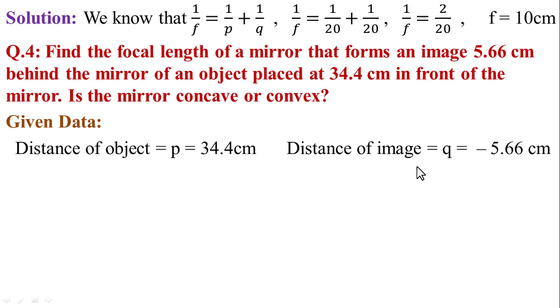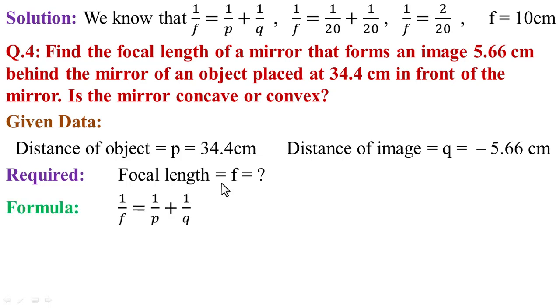Now we have written the given data. So to find the required focal length and also discuss whether the mirror is concave or convex: if focal length is positive, the mirror is concave. If focal length is negative, then mirror is convex.